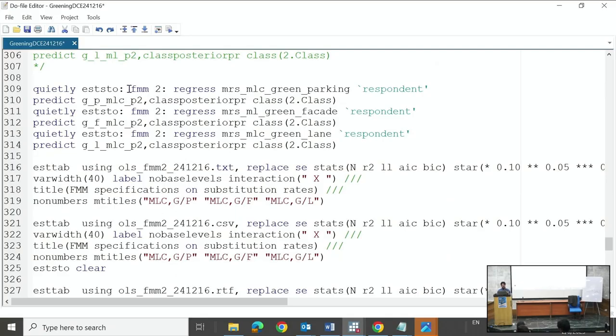And then this is the line for when you run a finite mixture model. The command is FMM. The 2 in this case means 2 classes. And I really like this command because the rest is the same as if you were going to run an OLS. It's the same line.